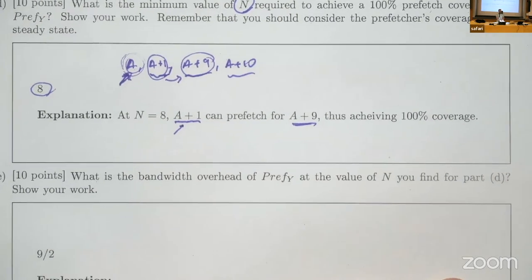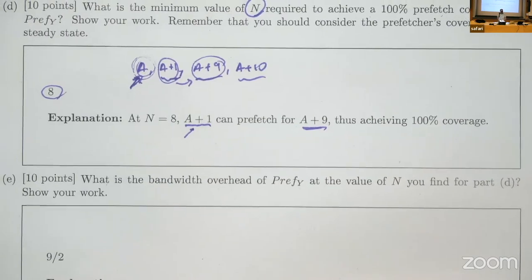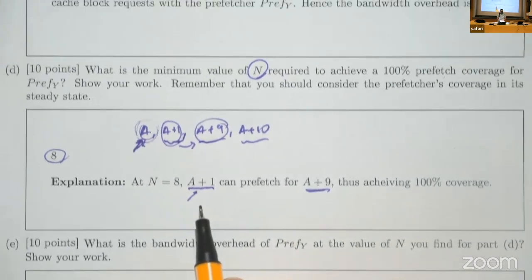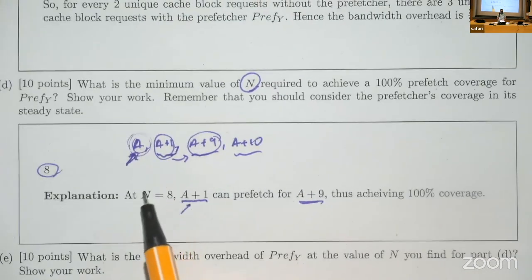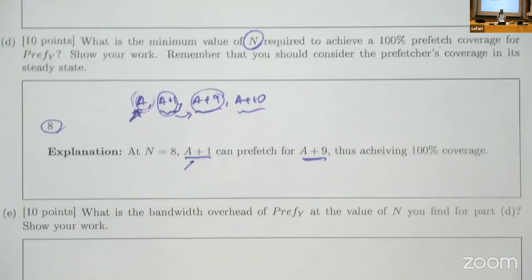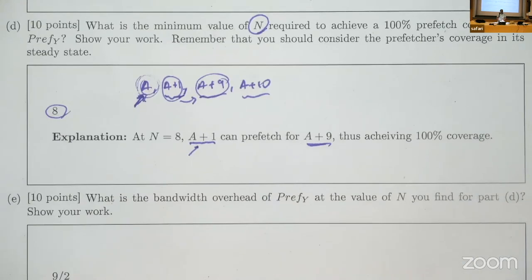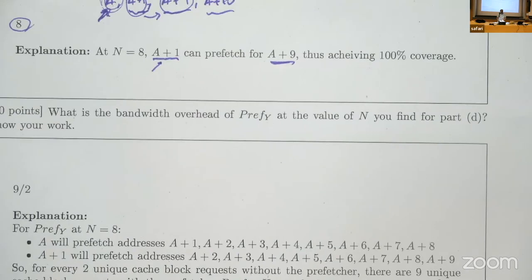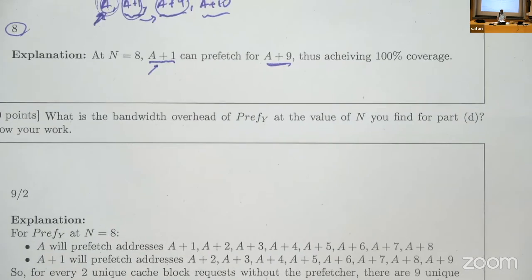Again, this is the bandwidth overhead calculation that we have for this new prefetcher with n of 8. Here again, we need to simulate. I will not simulate, actually, it's already written here. You can consider this like for a memory access, how many prefetch operations I will have.